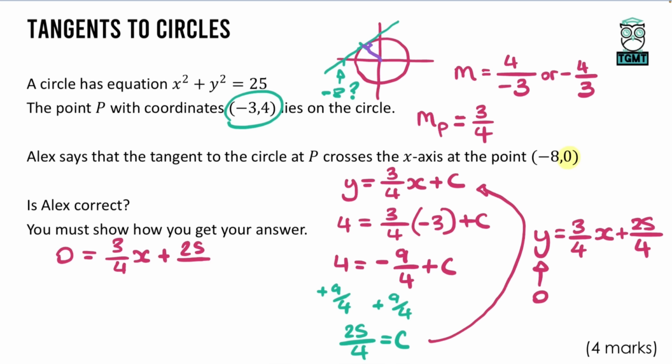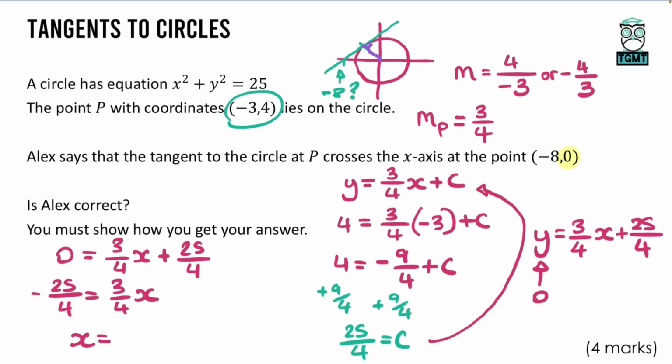So 0 equals 3/4 x plus 25/4. Solving that, minus 25/4 to the other side equals 3/4 x. And then we need to do negative 25/4, I'm going to do this on the calculator, and divide that by 3/4. There we go, just type that in.